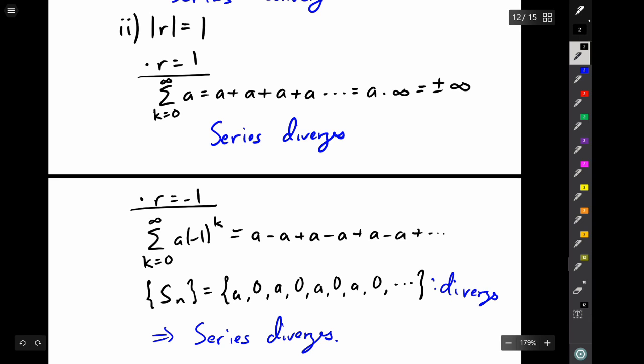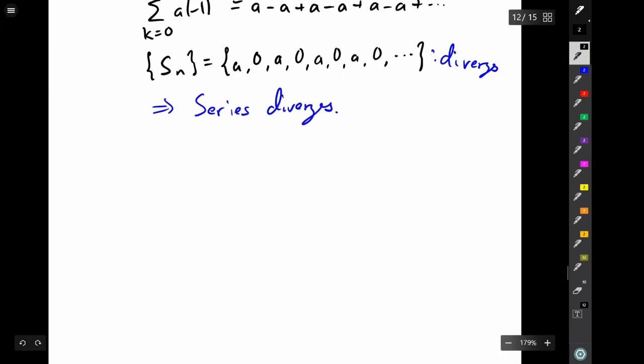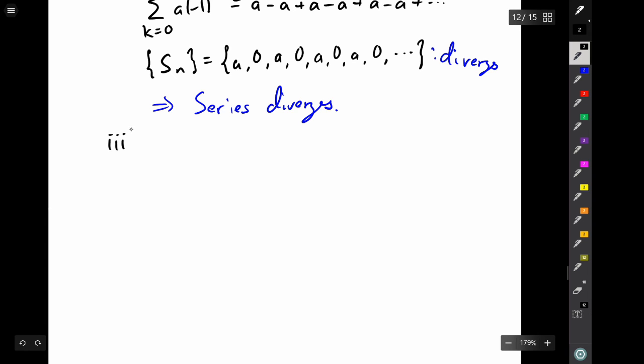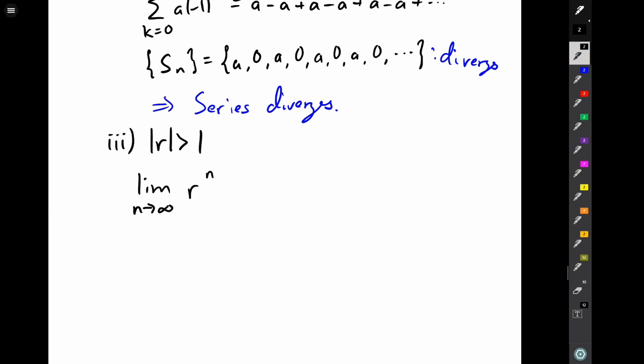Let's look one more case here. What if the absolute value of the ratio is greater than 1? Well, in this case, what do you think the limit's going to do? All right. So this limit, we'll just say this limit does not exist.